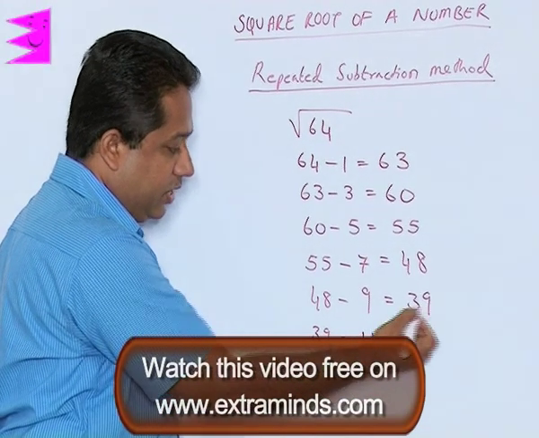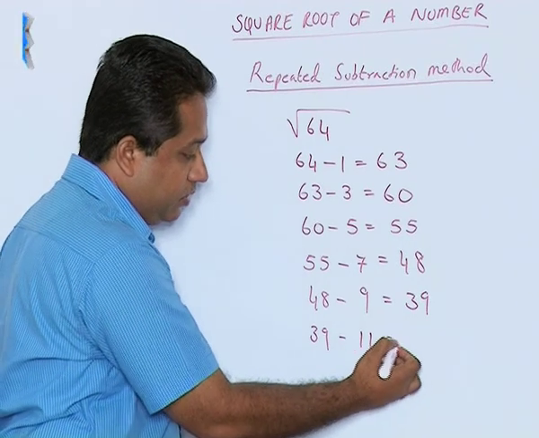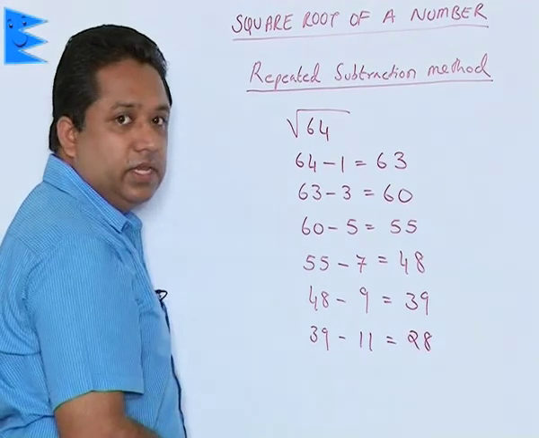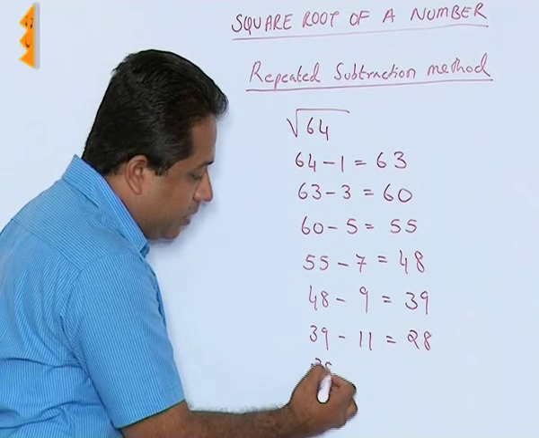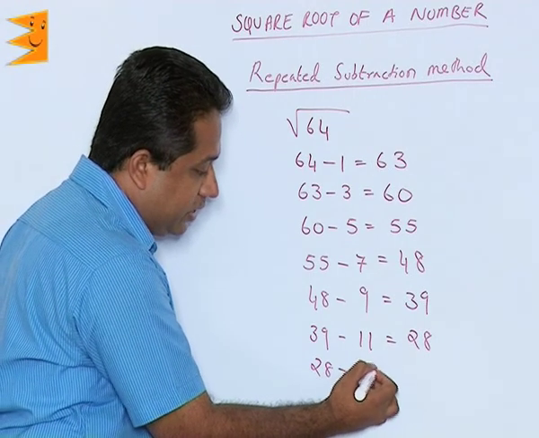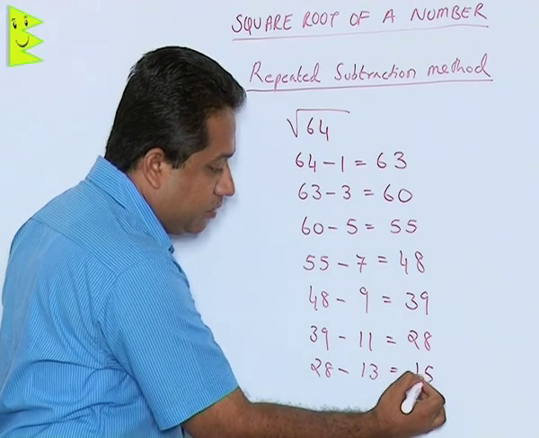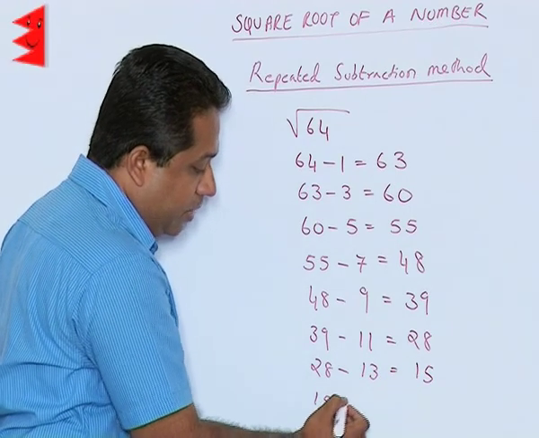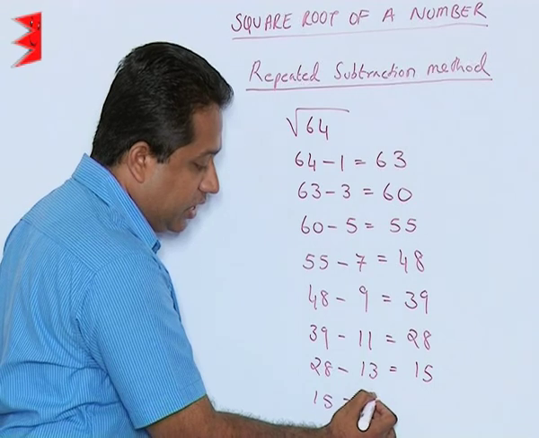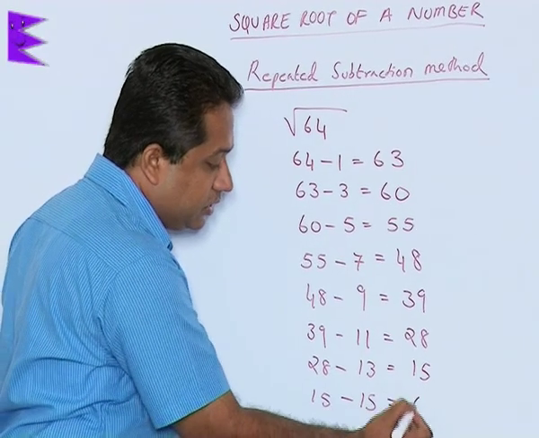So from 39 we subtract 11, we get 28. Then 28 minus the next odd number, 13, we get 15. Then 15 minus the next odd number after 13, that is 15. 15 minus 15 is 0.